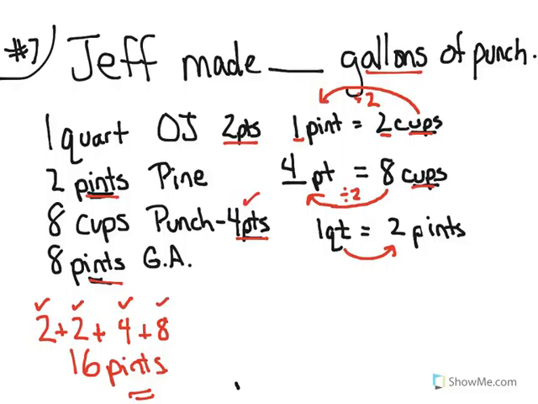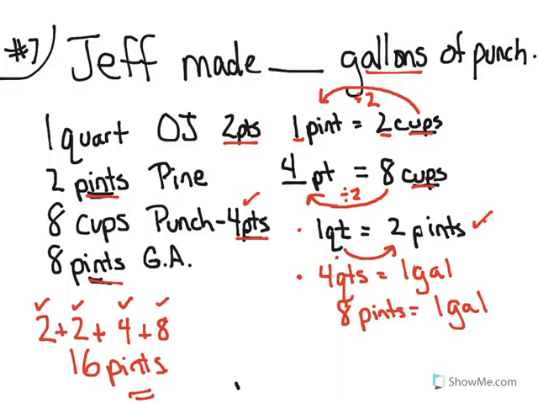I know that I can use this conversion rate, that 1 quart equals 2 pints, and then I know that 4 quarts equal 1 gallon. So I need to use 2 rates. I need to use 1 quart equals 2 pints, and 4 quarts equal 1 gallon, which would then tell me that I have 8 pints in 1 gallon.